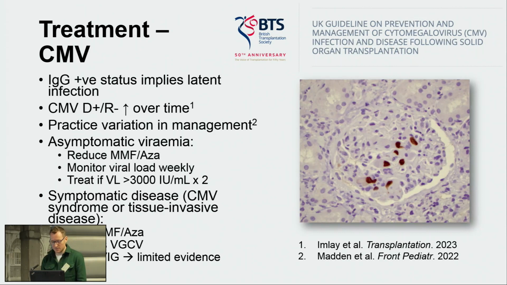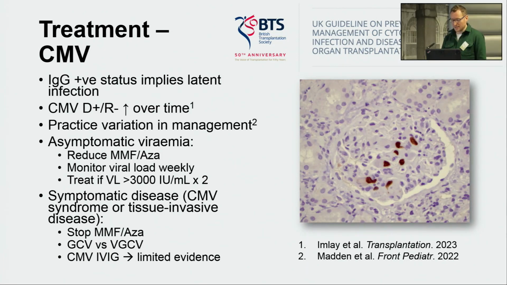And then if you've got symptomatic disease, so symptomatic disease is CMV syndrome, which is where you've got viremia with features such as malaise, fever, neutropenia, leukopenia, thrombocytopenia, or if you've got tissue invasive disease, which is specific infection like colitis, retinitis, nephropathy, then you would stop your antiproliferative and you would commence either IV ganciclovir or oral valganciclovir.